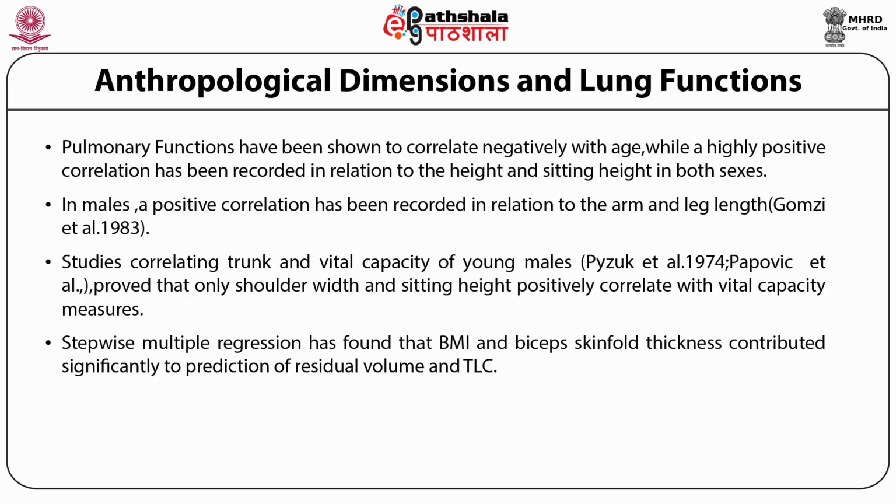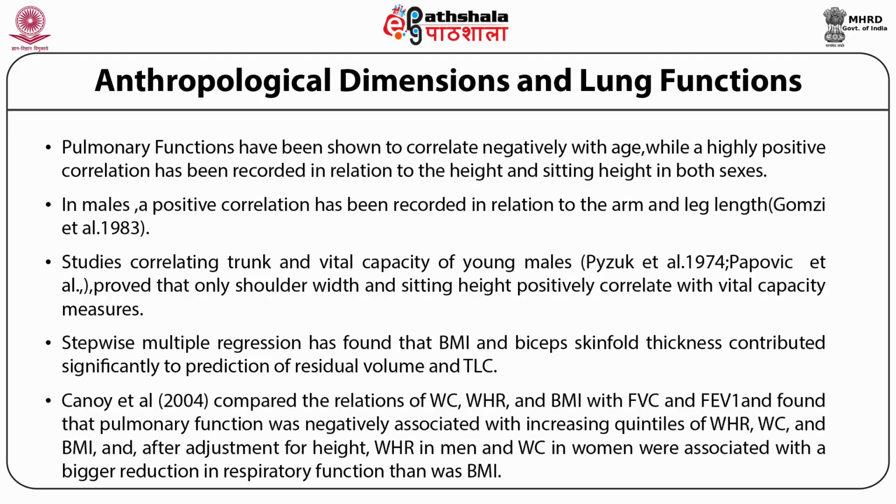There has been found to be a relationship between the waist circumference and the derived measurements like waist hip ratio, body mass index, and the lung functions. For instance, there is a relationship between the waist hip ratio and body mass index with the forced vital capacity and forced expiratory volume in the first second. It is reported that the pulmonary functions are negatively associated with the increasing quantiles of waist hip ratio, waist circumference, and body mass index after making an adjustment for height.